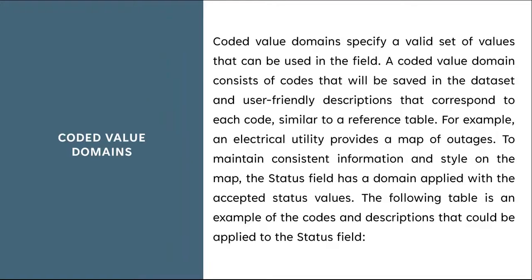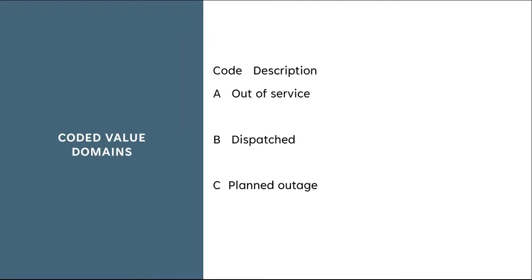For example, an electrical utility provides a map of outages to maintain consistent information and style on the map. The status field has a domain applied with accepted status values. The following table is an example of the code and description that could be applied to the status field.